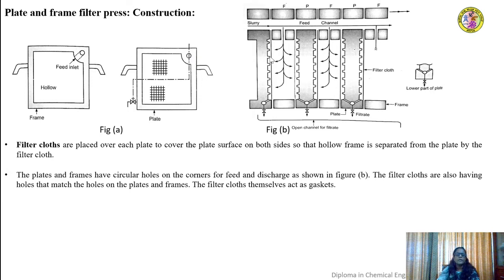So that when you arrange the plates and frames alternatively like this, a continuous channel will be formed out of these corner holes. That means the filter cloths that are placed in between plates and frames also will have the same kind of corner holes matching with the holes of the plates and frames.